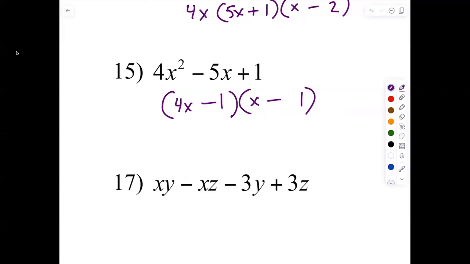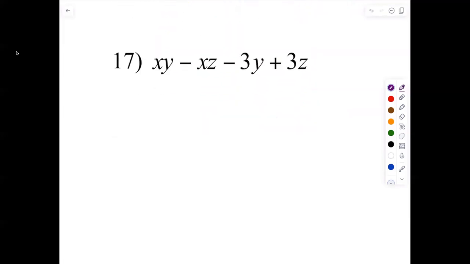Now I'm looking at 17. What do I notice? 4 terms. So we're going to do factoring by grouping. So now we just put parentheses here, and the tricky part here is this negative. You have to make sure you're factoring out that negative.